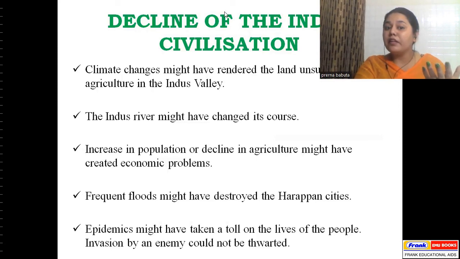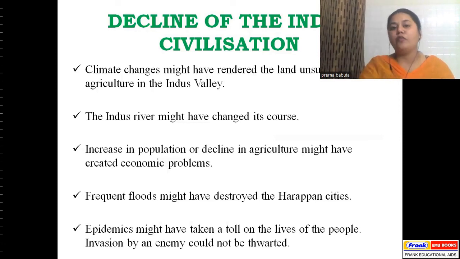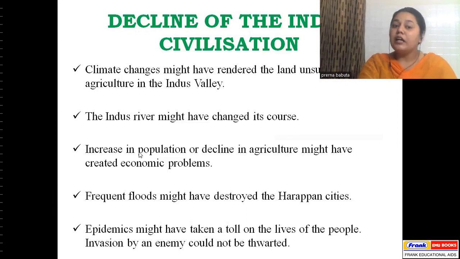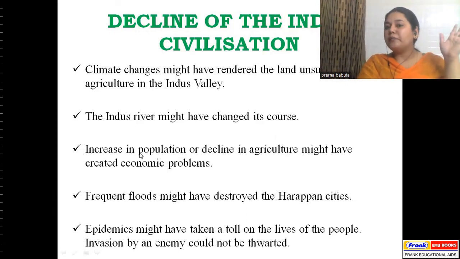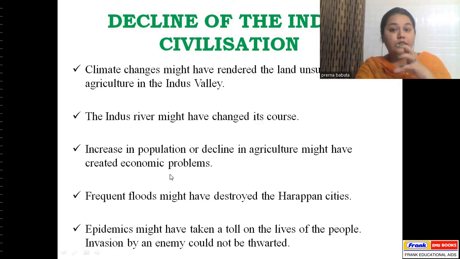Maybe the river Indus changed its course, its direction of flow. Maybe there was a huge increase in population, and the food was less. Maybe there were natural disasters like floods, or an epidemic, but we really don't know the exact reason.